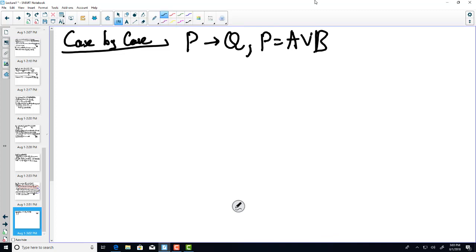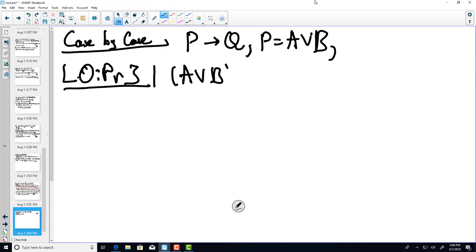So if we go and read the lecture note 0 problem 3, there I prove that the statement is equivalent to the conjunction of the two implications.